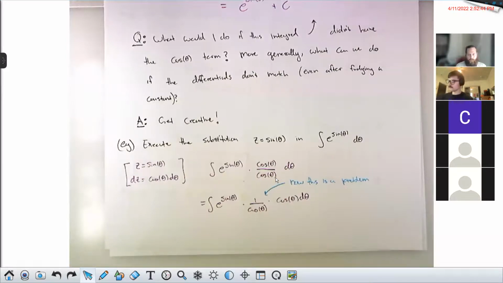You see, we have to get rid of all the old variable stuff. We can't mix variables around. So writing this as the integral of e to the u times 1 over cos theta du is nonsense, in the same way that e to the u dx is nonsense.